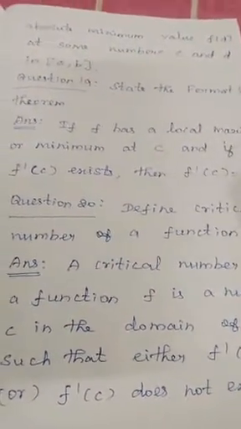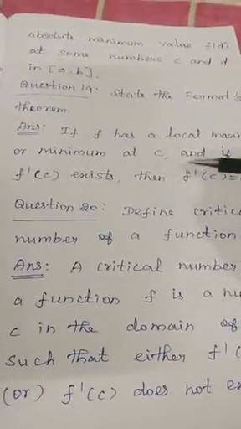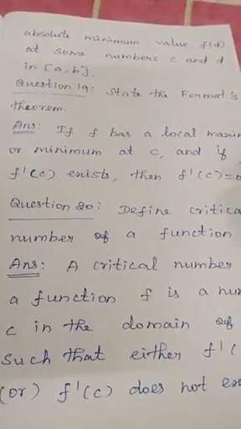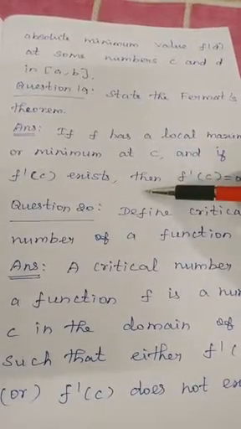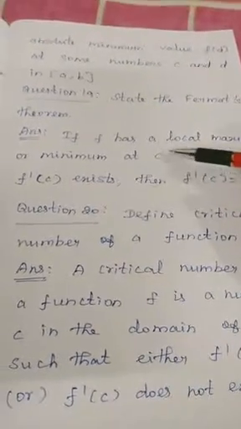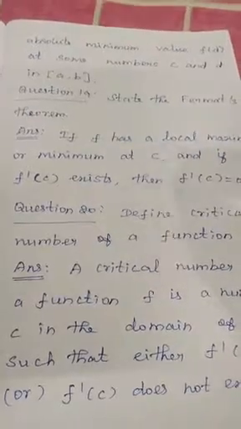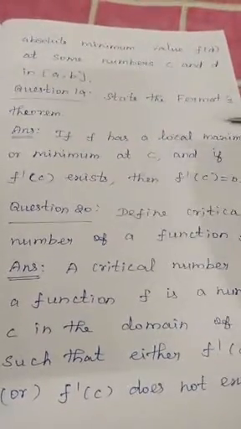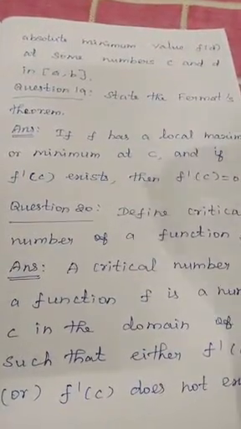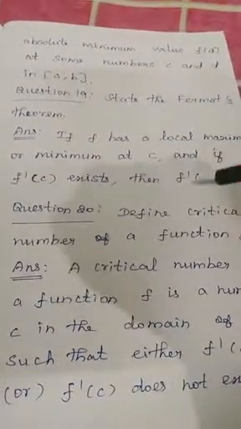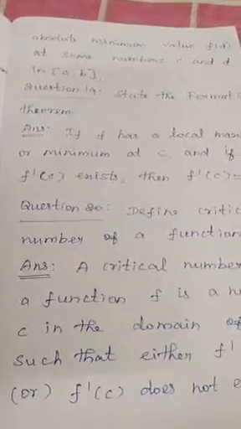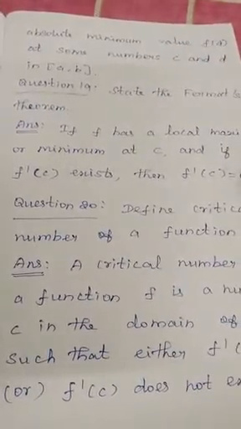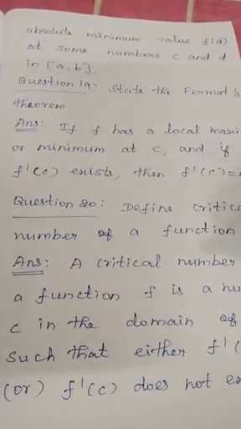If f has a local maximum or minimum at c, either one is enough, and if f'(c) exists, then f'(c) = 0. This statement we call Fermat's theorem.